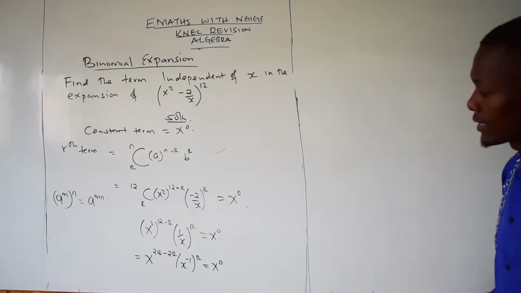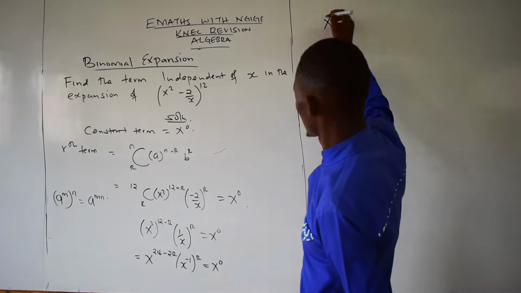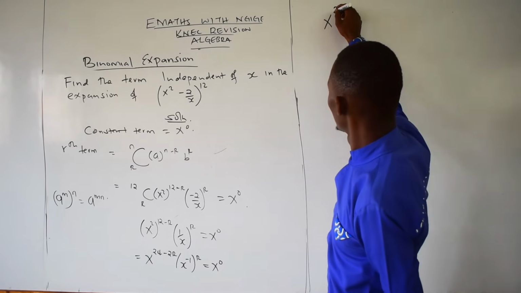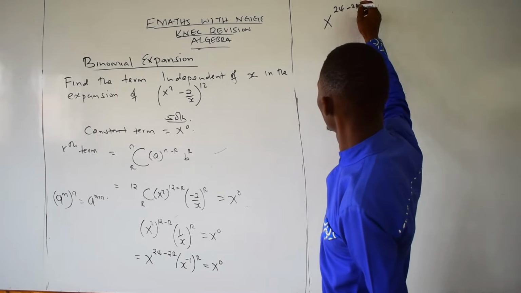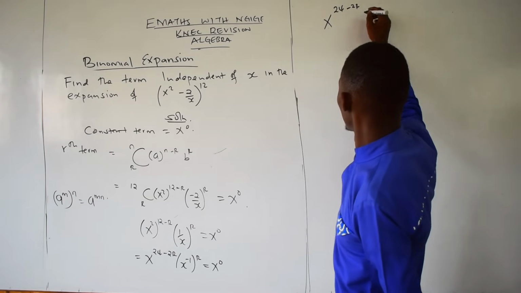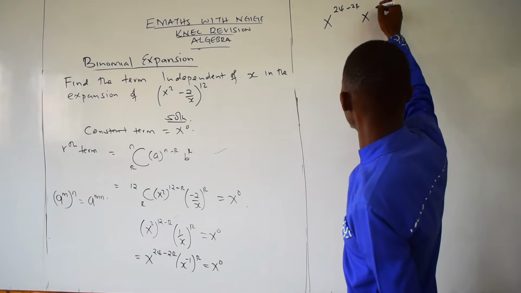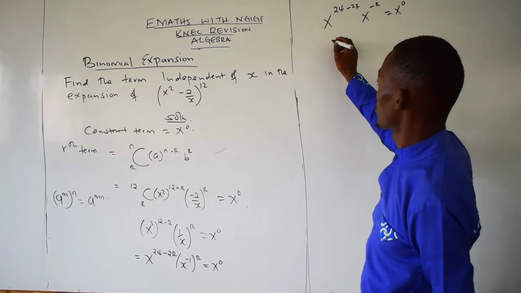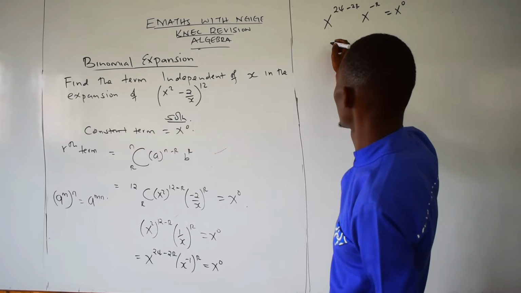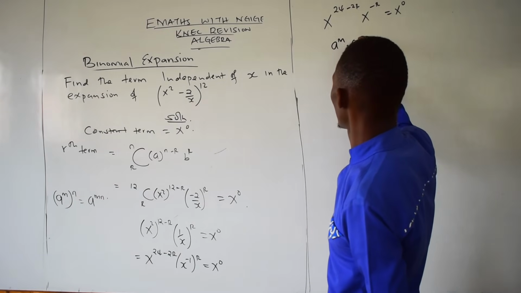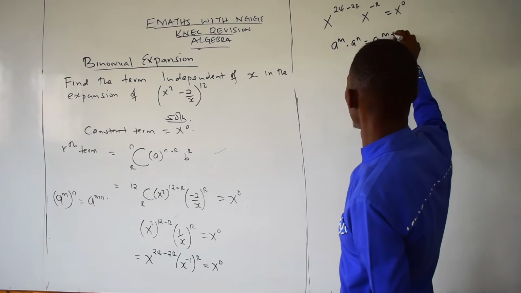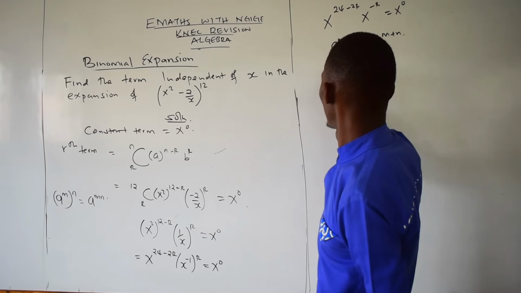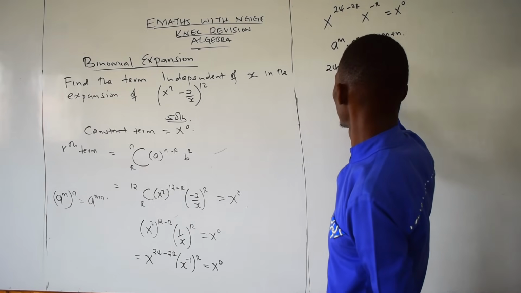Therefore, joining all that, we shall have x to power 24 minus 2r, times x to power minus r, equals x naught. Add the powers, because from the law of indices, a to power m times a to power n is the same as a to power m plus n. So we add this and this, we shall have 24 minus 2r minus r.